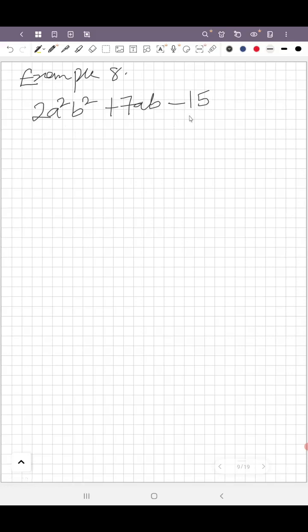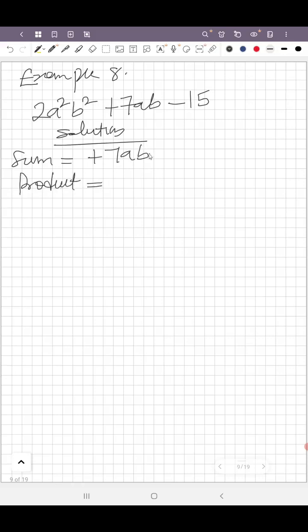If you are to factorize this, you are using the same procedure. To do this, the first thing you are going to do, you find the sum. Solution. What is our sum? Plus 7ab. What is our product? Our product is 2a squared b squared multiplied by minus 15, which is equal to minus 30a squared b squared.